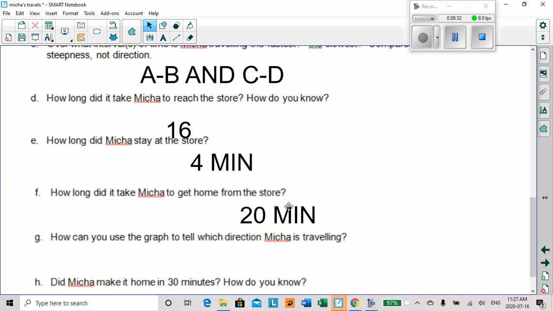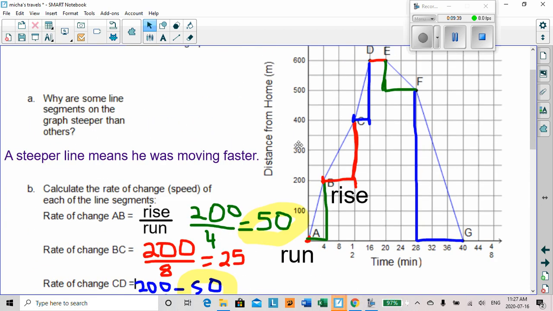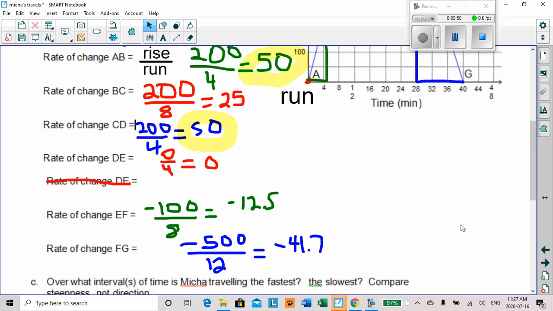How do you use the graph to tell which direction Misha is traveling? Well, we talked about that. As my graph is going up, Misha is traveling away from home. And as the lines are going down, Misha is traveling towards home.